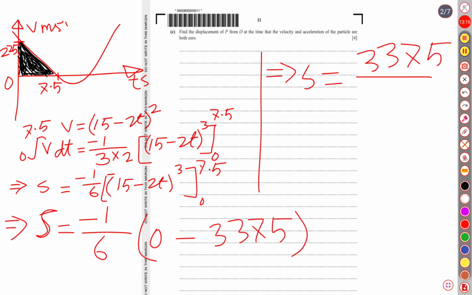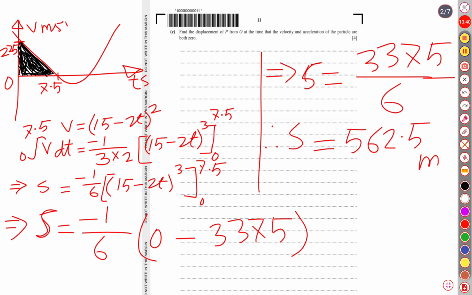3375 over 6. Let us do the division. After dividing this, our displacement is going to be 562.5.